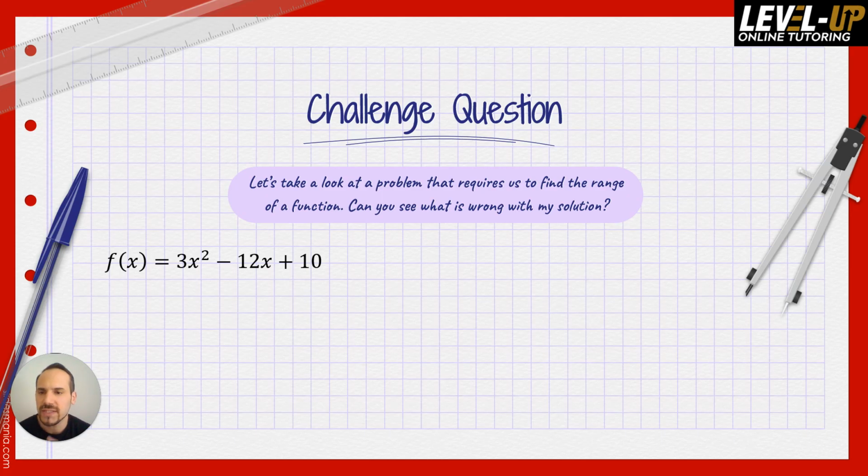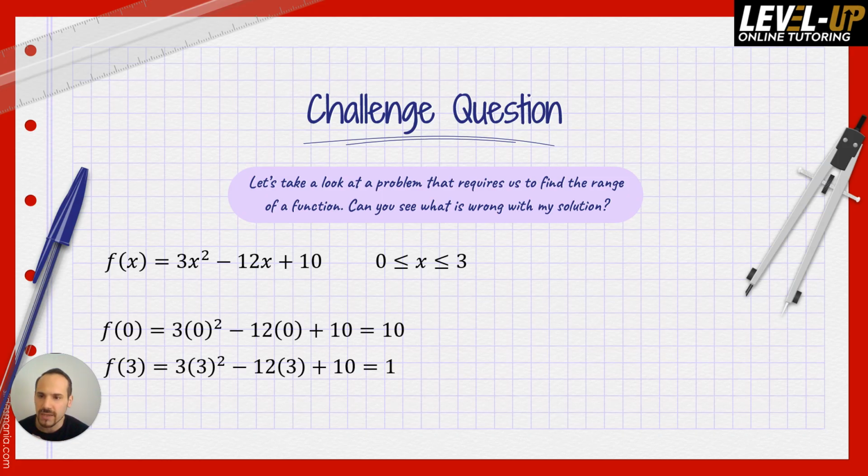Say I have this function here, a relatively simple function, just a nice quadratic, and we're looking at the domain of x equals 0 to 3. So what I do is put in x equals 0 and x equals 3, and I get these two values. y is going to be 10, y is going to be 1 at these two values. And so I conclude that the range is between 1 and 10.